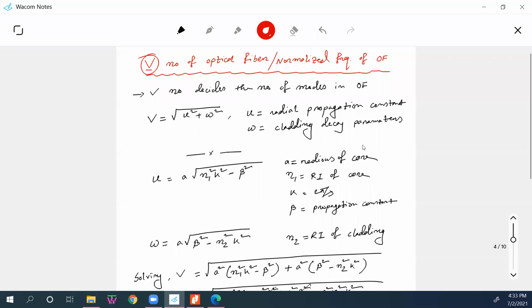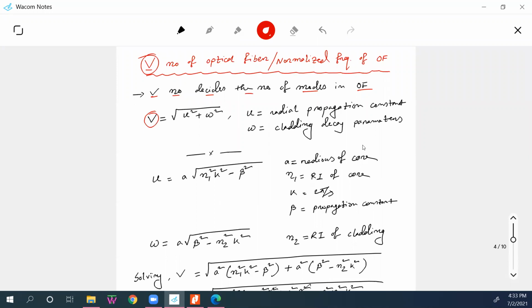So what is the question that comes? What is the V number? The V number decides the number of modes in an optical fiber. How many modes will be in an optical fiber? This V parameter gives us that.